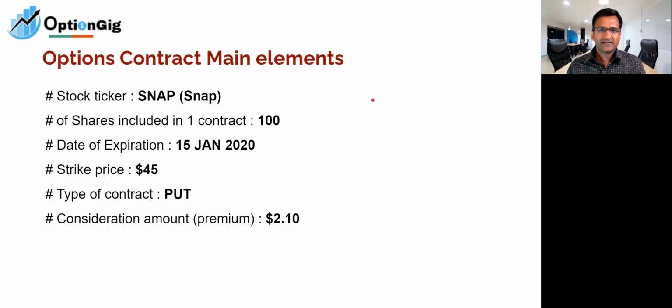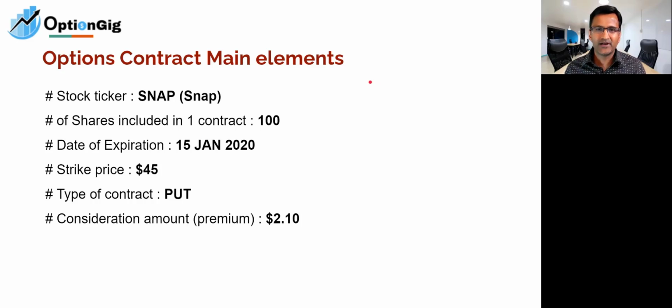So let's look at the option contract main elements, right? Number one, in any option contract, and I'll open up my trading platform and show you some of these elements so that it is clear. By the way, the trading platform which I will be using is Think or Swim from TD Ameritrade.